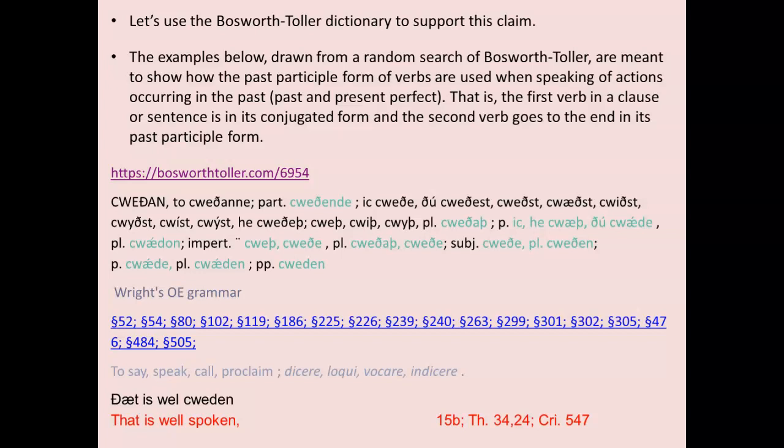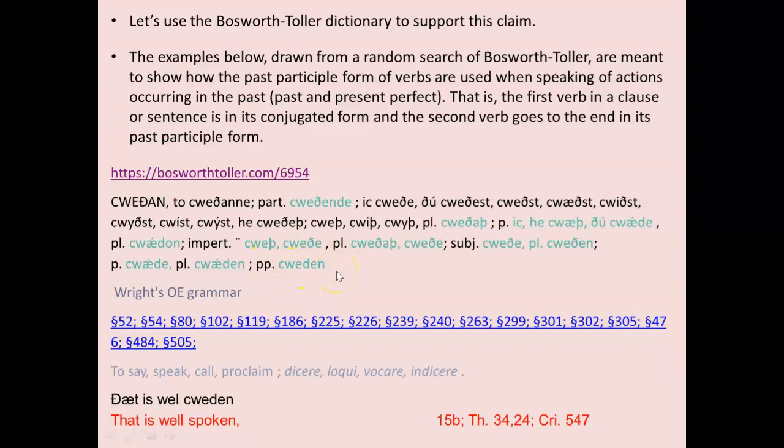So if we look at Bosworth-Toller here for cweþan, meaning to say, speak, call, proclaim, its various conjugated forms are here, and the past participle form, pp., is cweden. So what we need to do is look through here. Is the past participle form given? Yes, it is. Here's the past participle form, cweden.